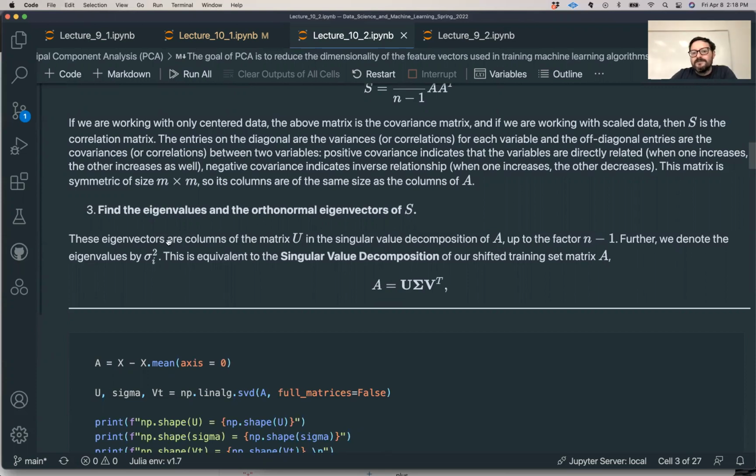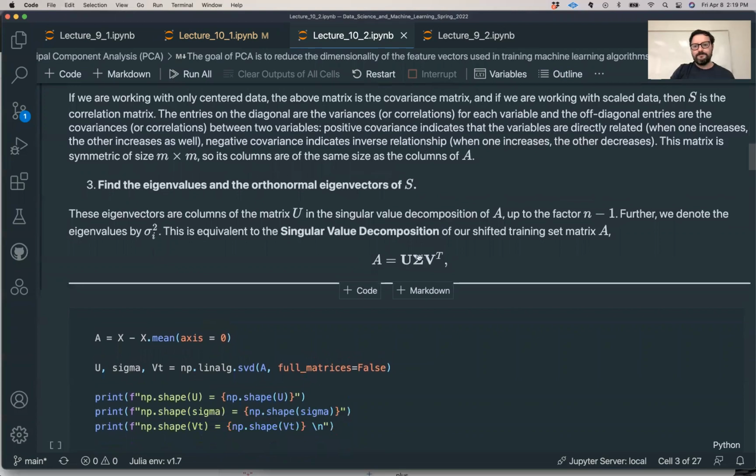I don't like the description sometimes of relating it to the eigenvalue decomposition, but maybe I should, because I don't know if standard linear algebra courses really talk about the SVD, but I know they talk about eigenvalues. So basically, the middle matrix here is a diagonal matrix where the diagonal entries are denoted by sigma i squared.